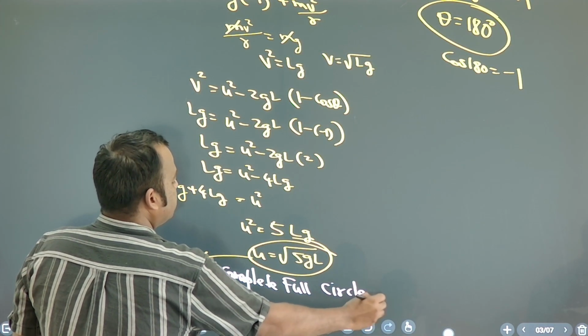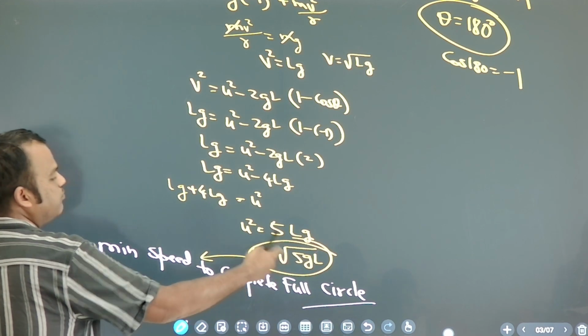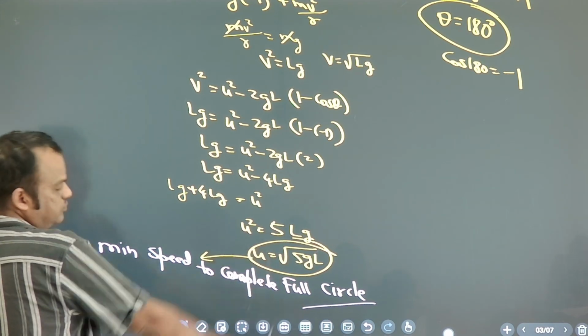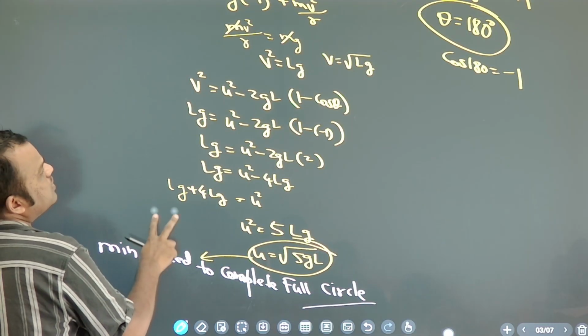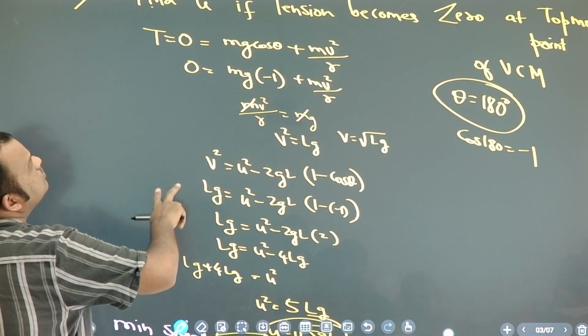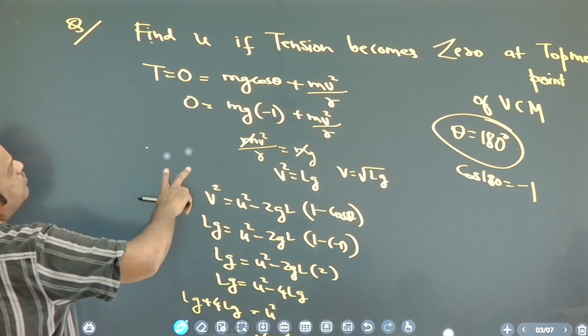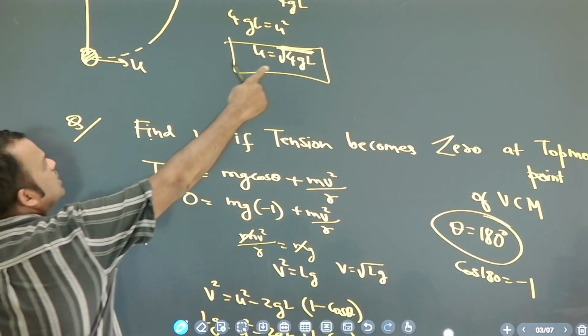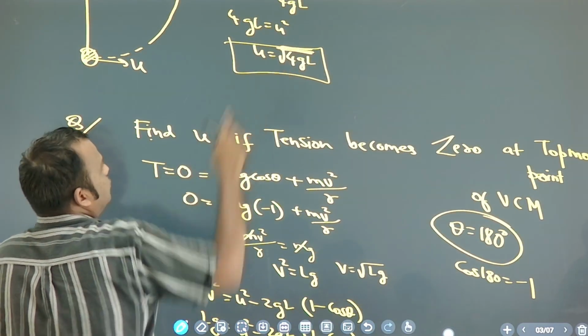What is the minimum speed at the bottom to complete the full circle? Root 5gl. What is the minimum speed to just go to highest point? Root 4gl.